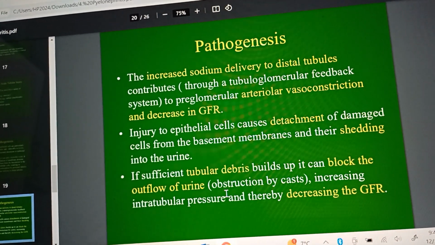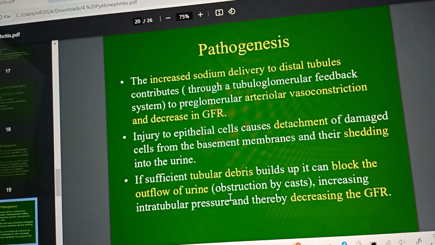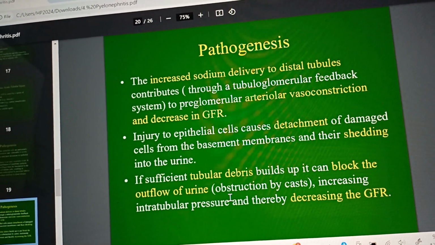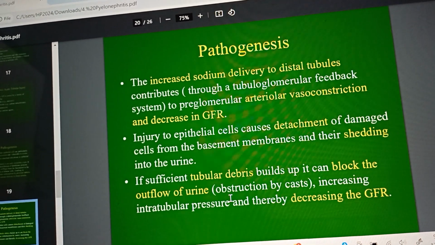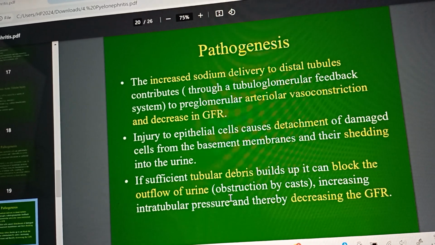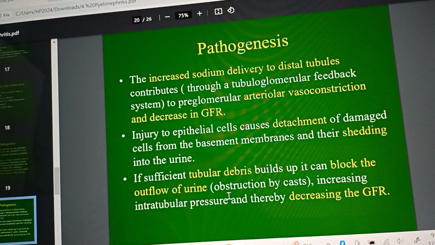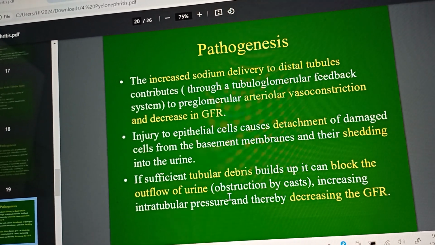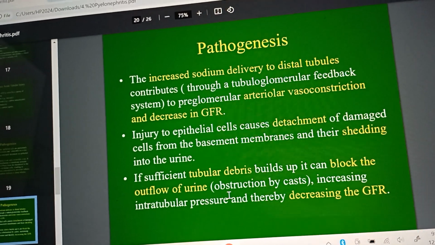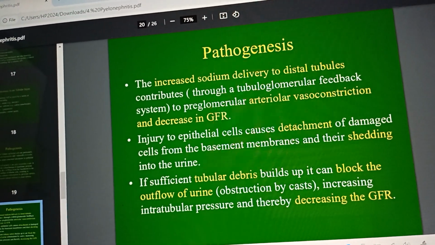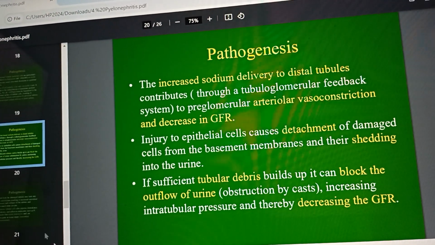These damaged tubular cells will make the cast, and the tubular debris and cast will block the outflow of the urine, and they may make more pressure inside the tubule. Intratubular pressure will increase and the GFR will decrease more, right? So the kidney is getting more damage.